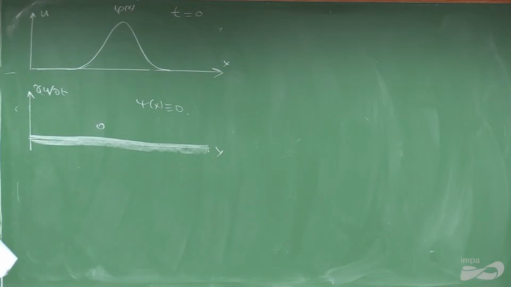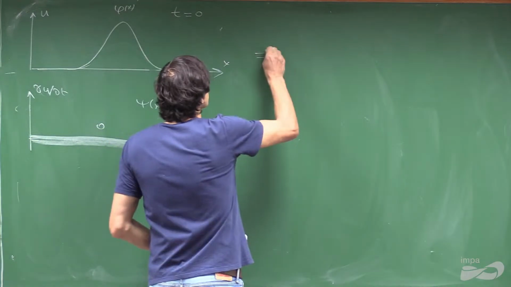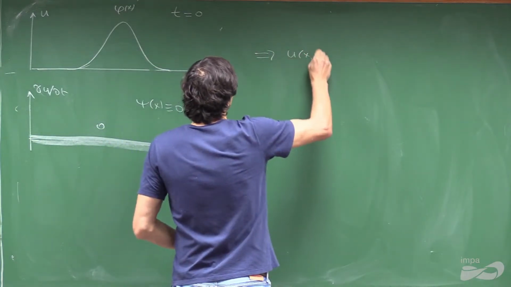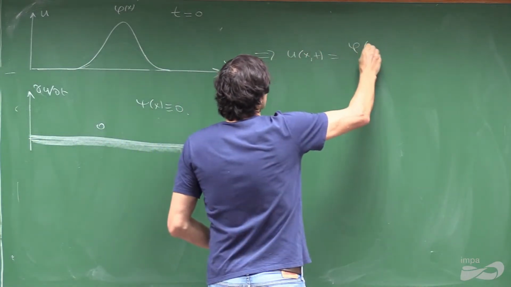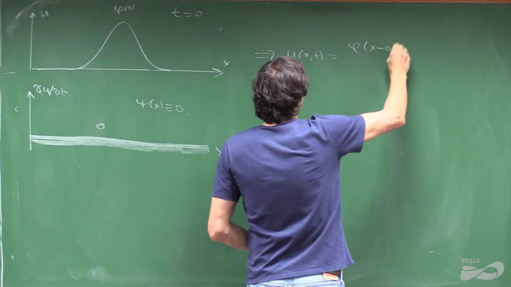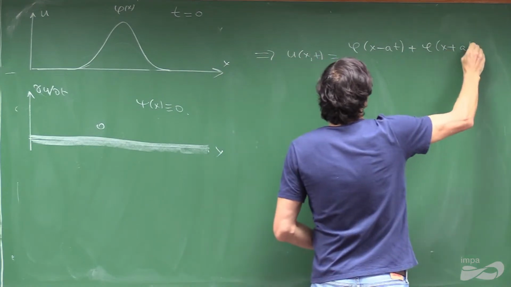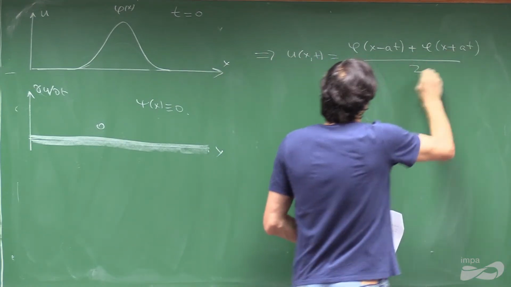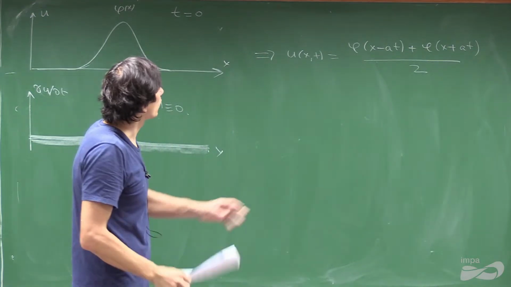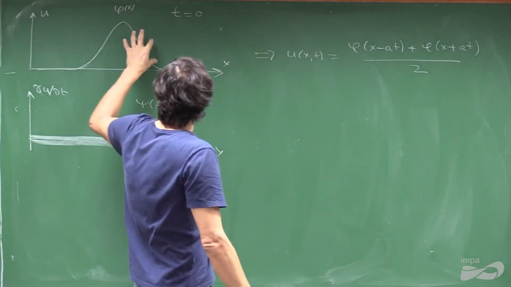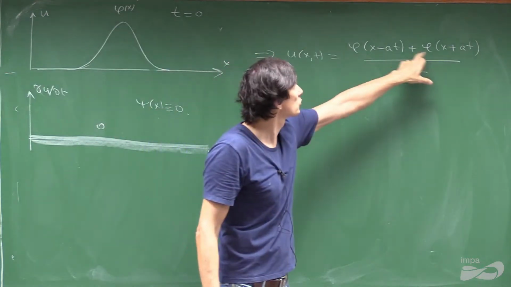The solution is the sum of the two waves divided by 2. So half of the shape will go to the left, half of the shape will go to the right.